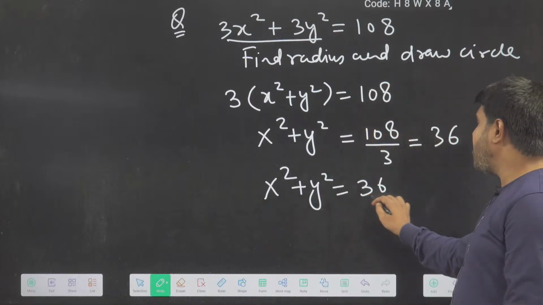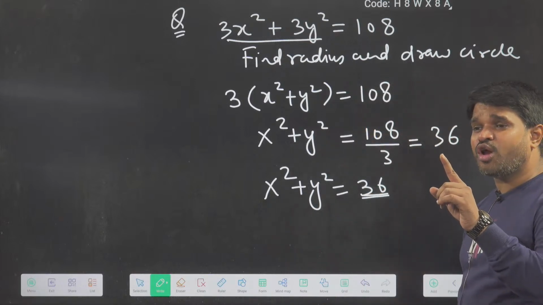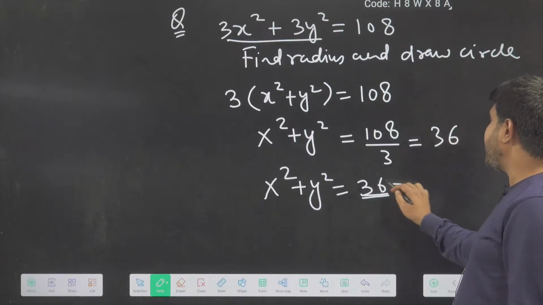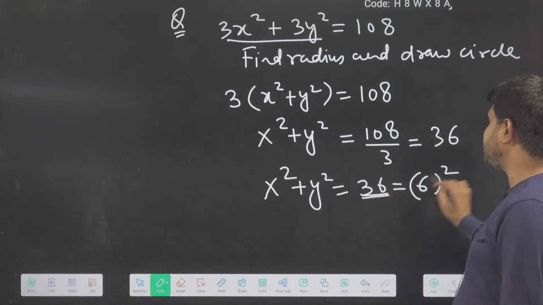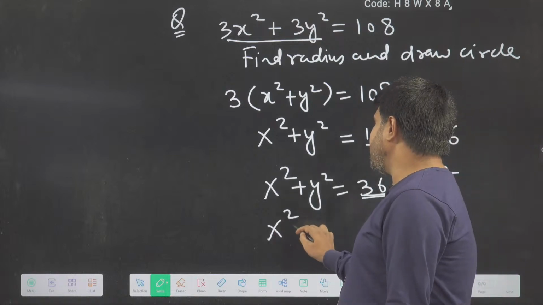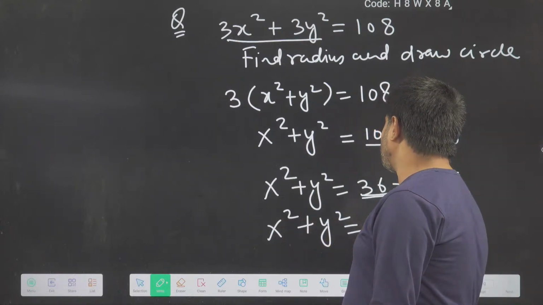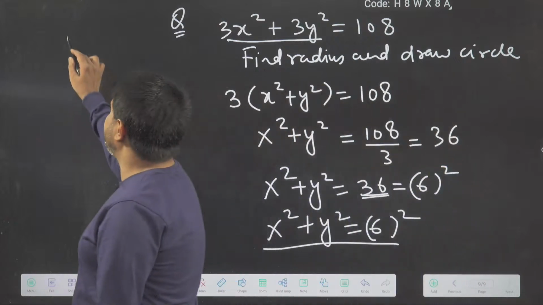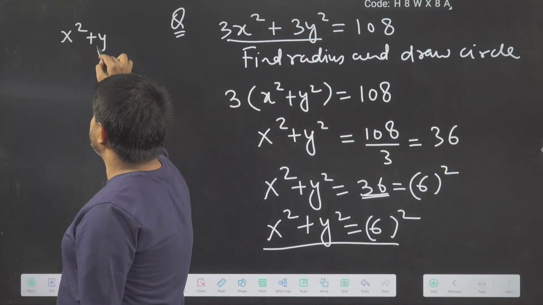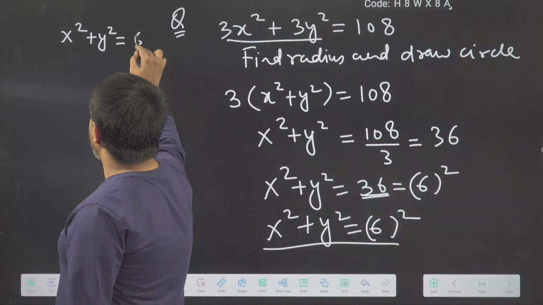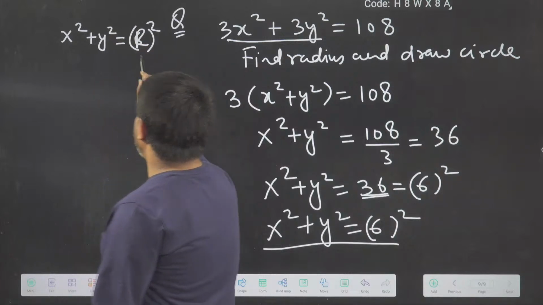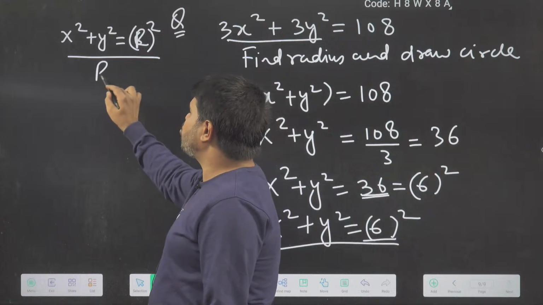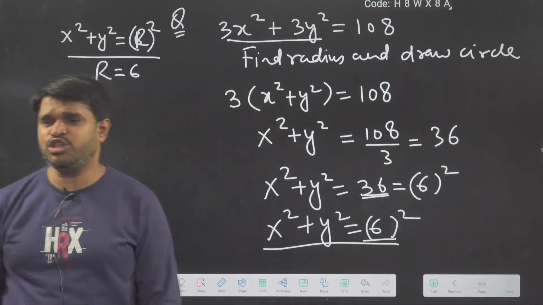Now I have to write 36 in the form of a square. 6 square. So x square plus y square equals 6 square. Again, my general equation is x square plus y square equals r square. When I compare, radius comes out to be 6.